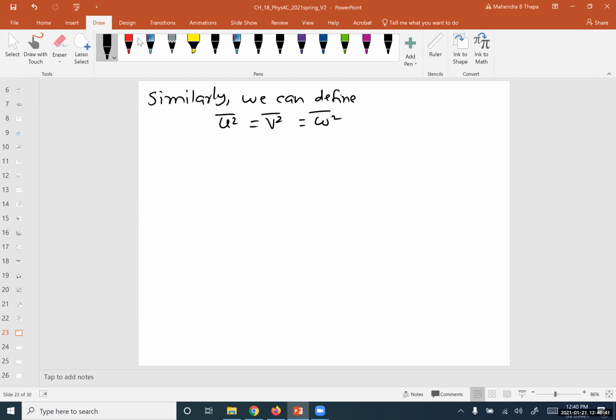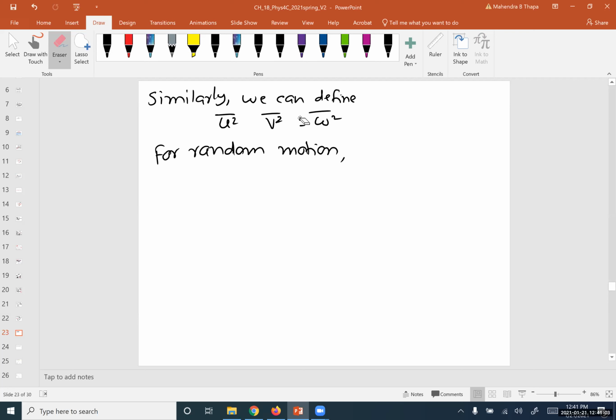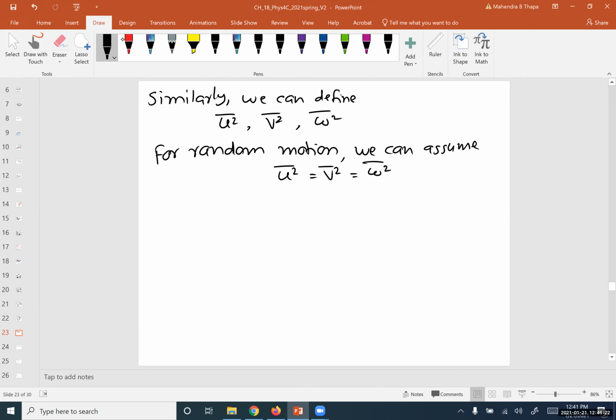Okay, here is the main point. For random motion of each molecule, we can fairly assume that u squared bar equals v squared bar equals w squared bar.